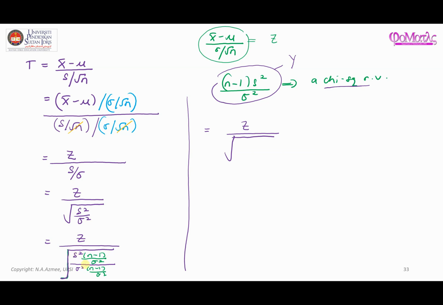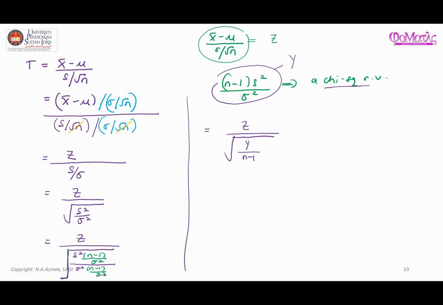Now, based on this, I can recognize that this is a chi-square random variable, which I can simply call y. So the whole thing here can be represented as y divided by, so I hope you can see that this term here can be cancelled out with this one. So here we have n minus 1.